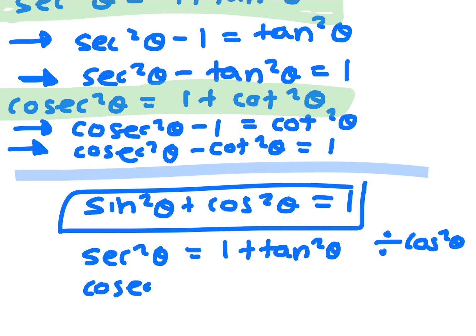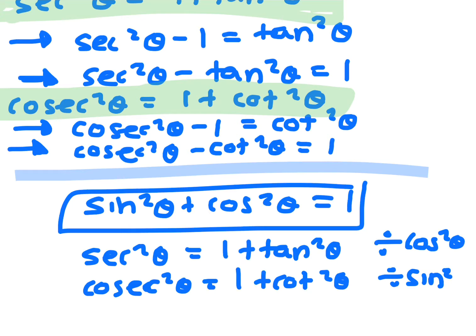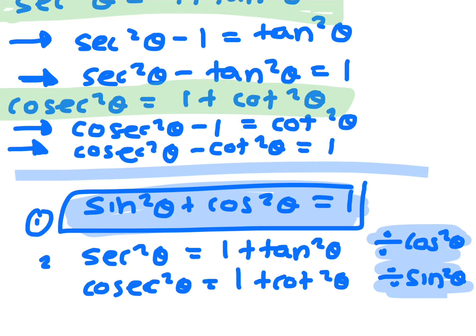For cosec squared theta equals 1 plus cot squared theta, you could just divide everything by sine squared theta to get that one. Okay, so you've got your 3 of them.